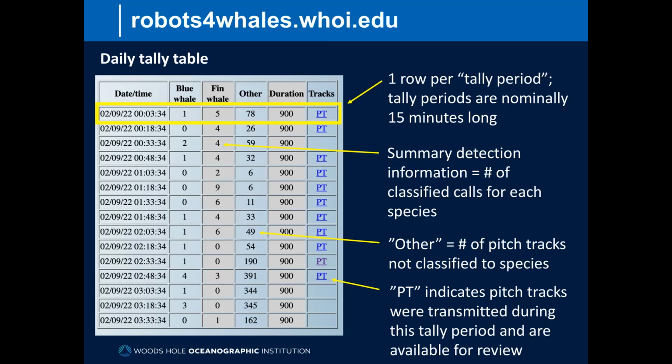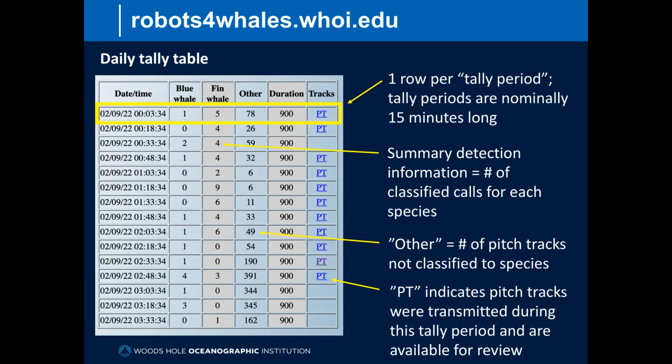But what I want you to notice is in the tracks column, when you see a PT, that means there have been pitch tracks sent during that 15-minute tally period. You notice that not all tally periods have pitch tracks associated with them, and the reason is that you've reached that 8 kilobyte limit and shut transmission off.